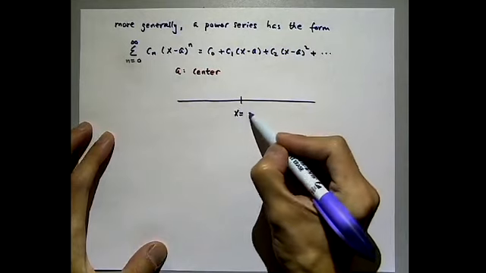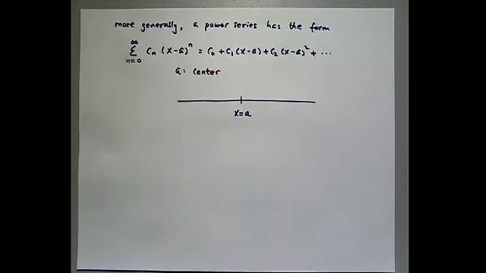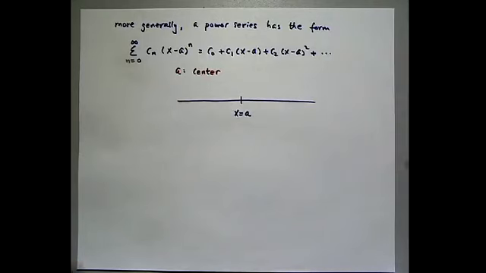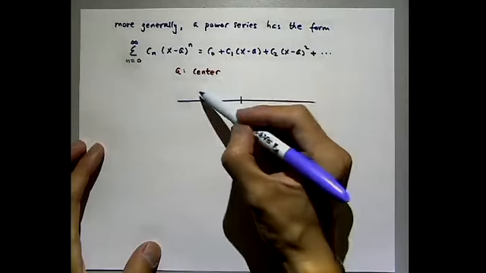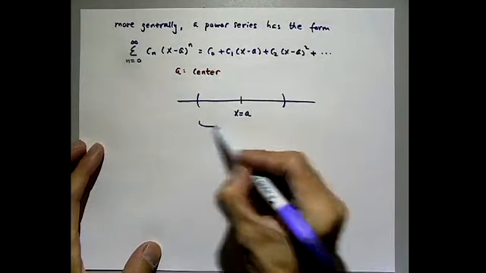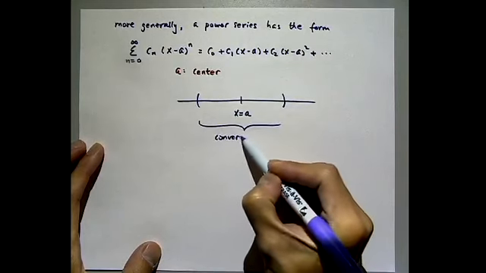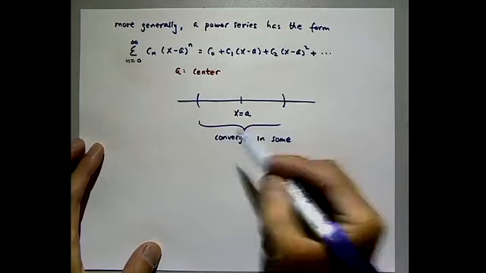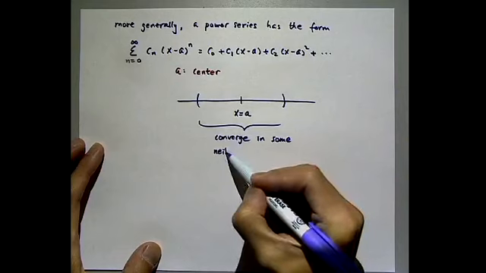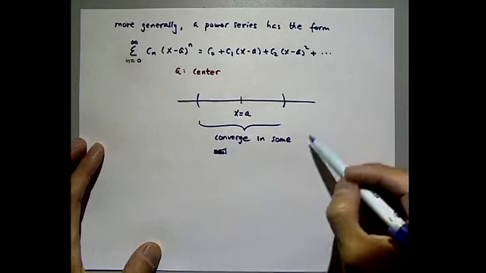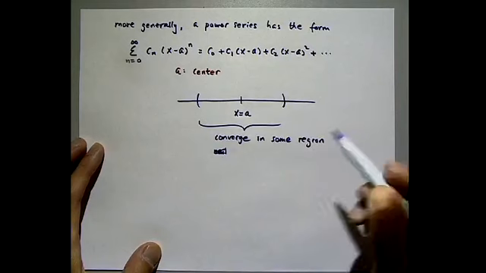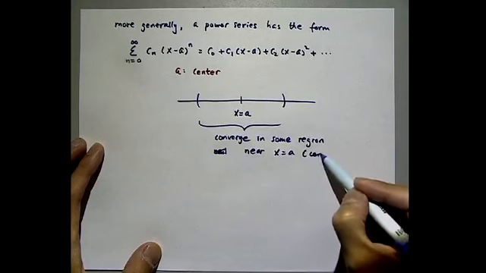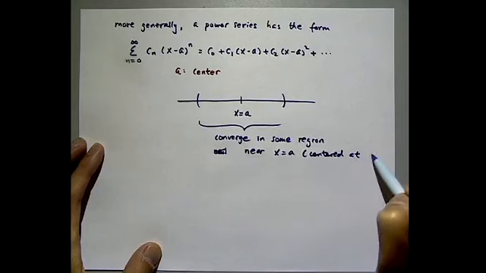So if I draw a line representing all the real numbers for x, a would be somewhere here. And what happens is that this series is going to converge in some region near x equal to a, or centered at a.